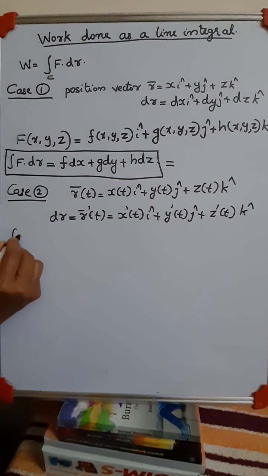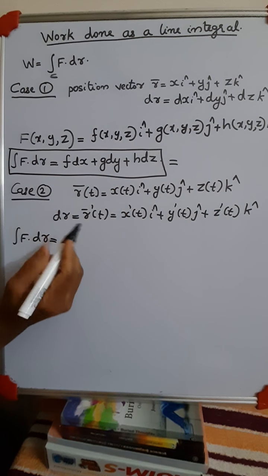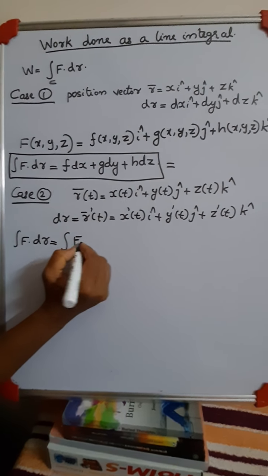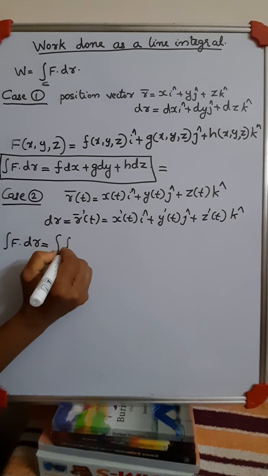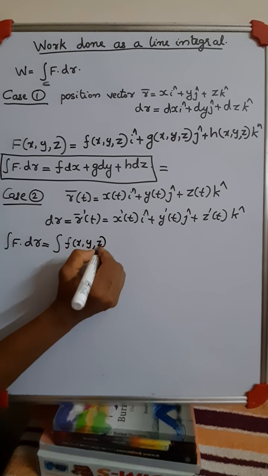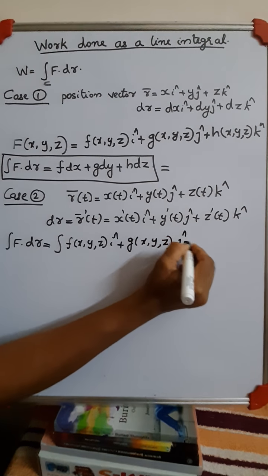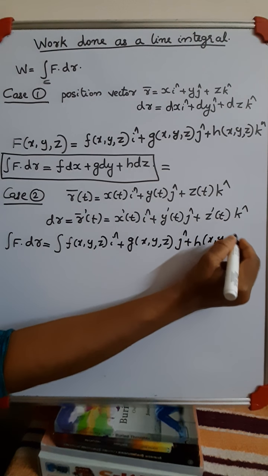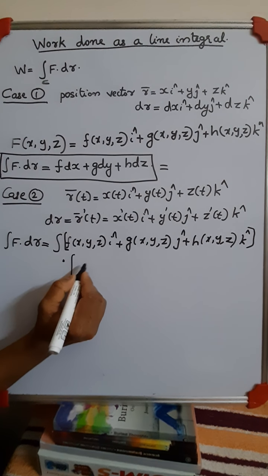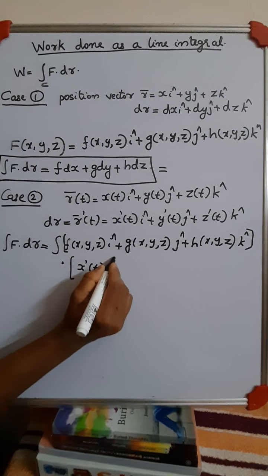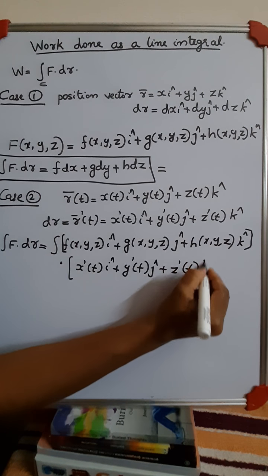So what is integral F dot dr? F is capital F of x, y, z, which we can write as small f of x, y, z i plus g of x, y, z j plus h of x, y, z k, dot dr, which is r dashed of t, that is x dashed of t i plus y dashed of t j plus z dashed of t k.